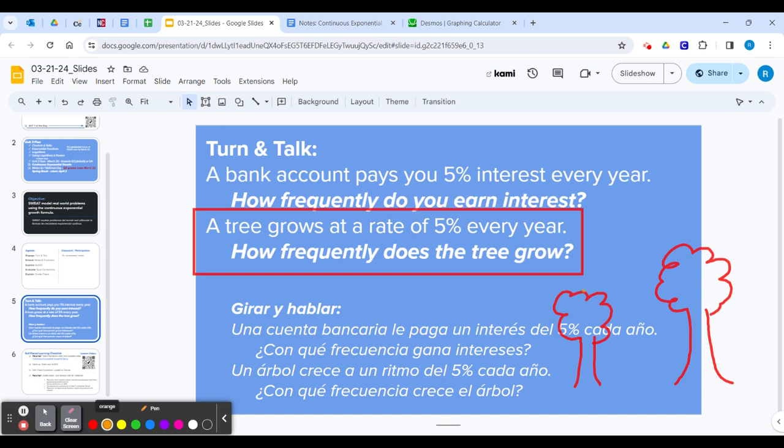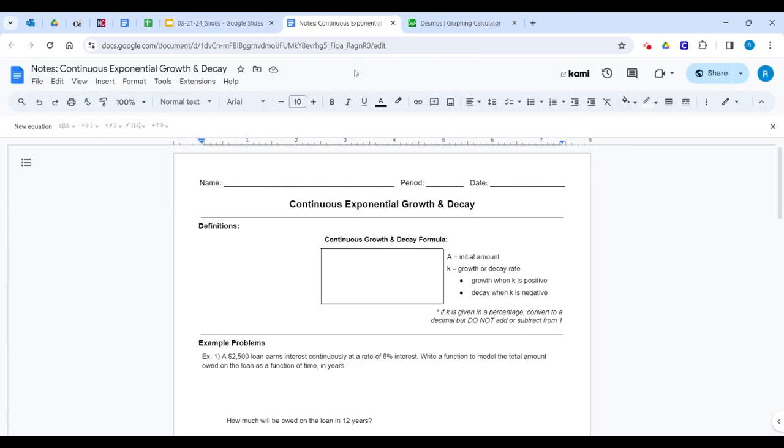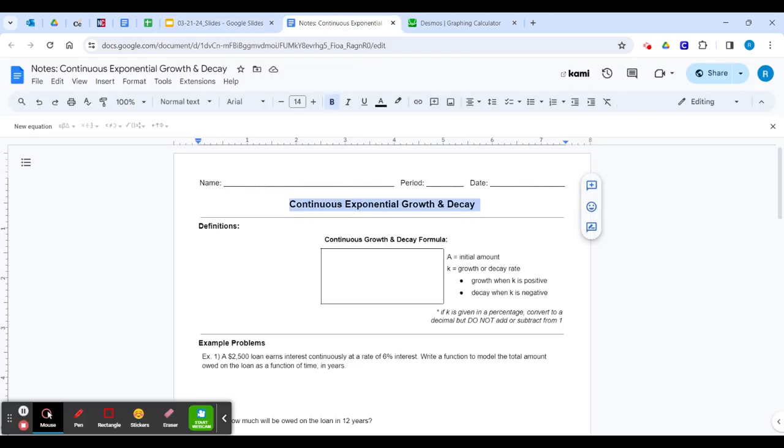The tree is slowly growing and growing and growing. It's not like it shoots up 10 feet at the end of the year. It is continuously growing. So that is not a situation we modeled yet, and that's what we're going to cover today in our notes with this idea of continuous exponential growth and decay.